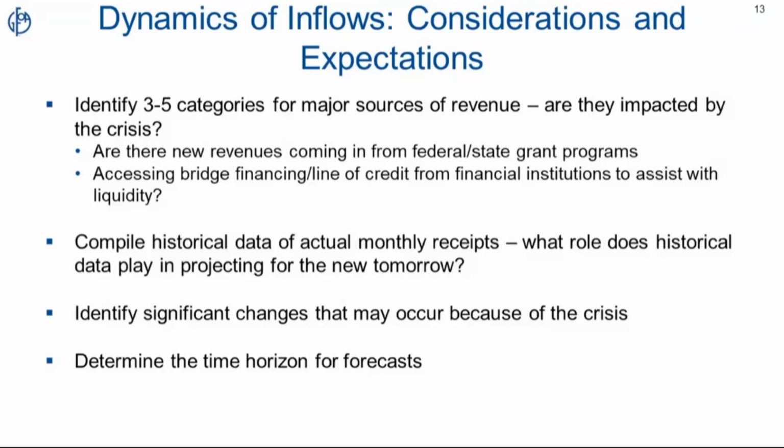So you want to be able to historically take a look at when those monthly receipts are coming. I would document it. I would go back at least 12 months, if not 24 months, just to get a trend history, but that's actual. That can show you a nice trend going forward.